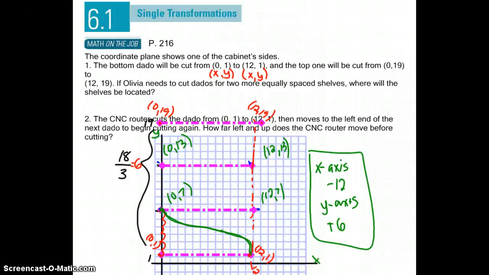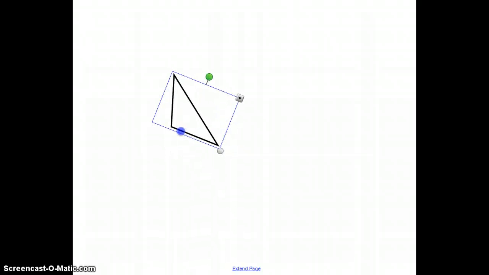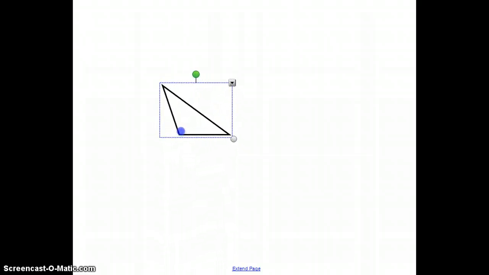Next is the rotation. So if I select this object and then the green and I just rotate it, that would be a rotation. There's also a reflection.